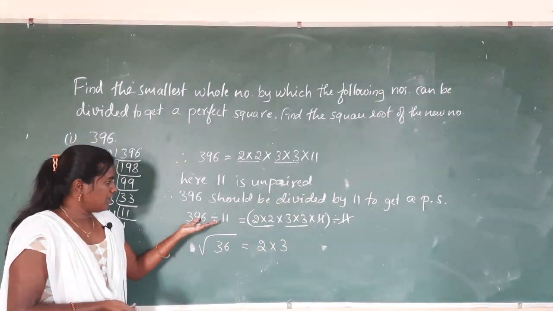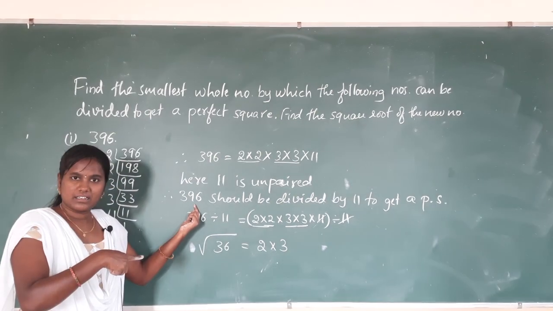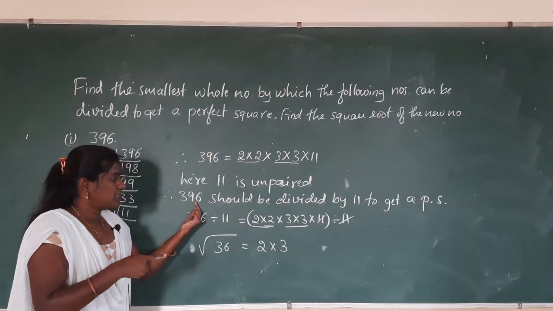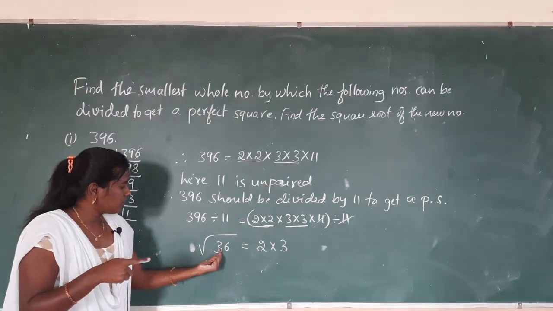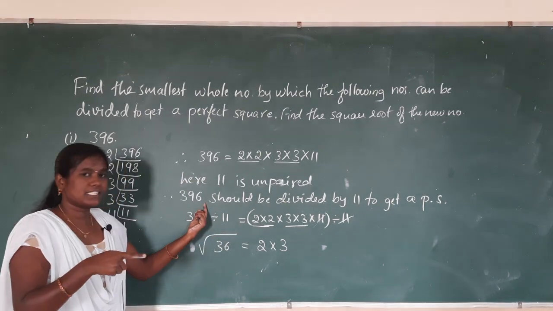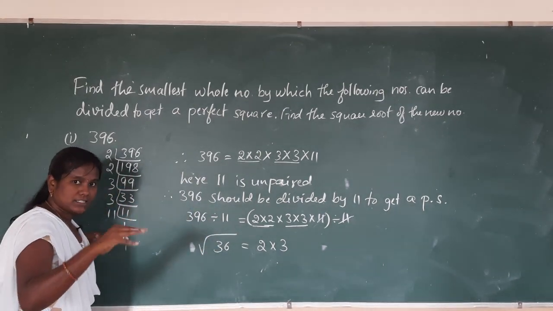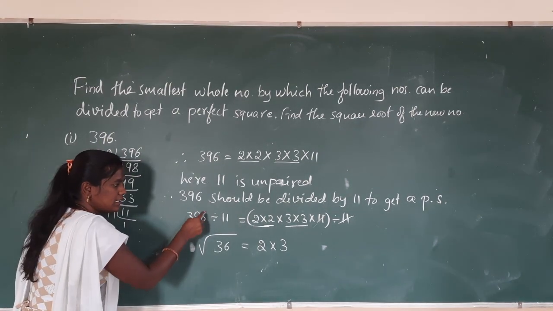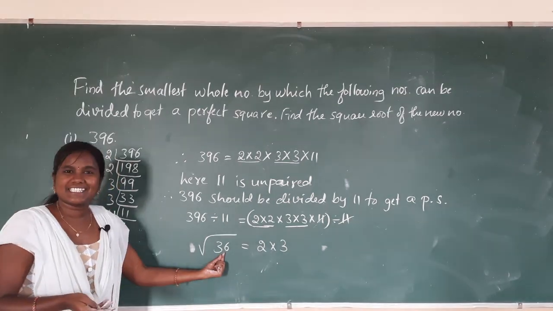If you divide 396 by 11, 11 times 3 is 33, 6 remains, so it is 36. 11 times 36 is 396.